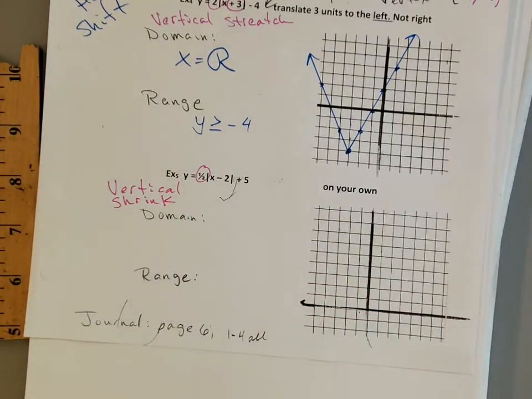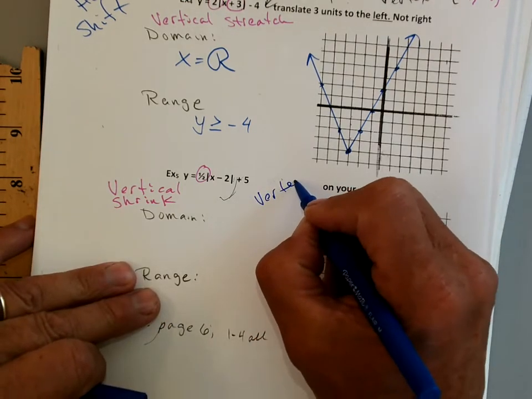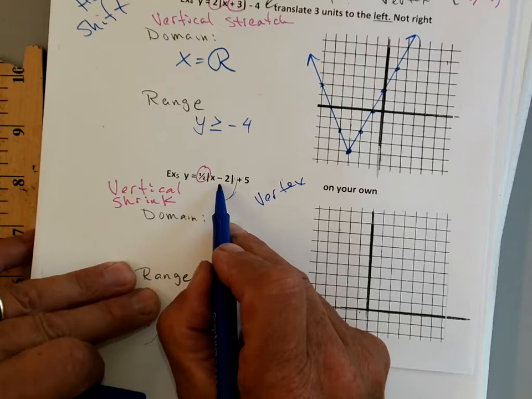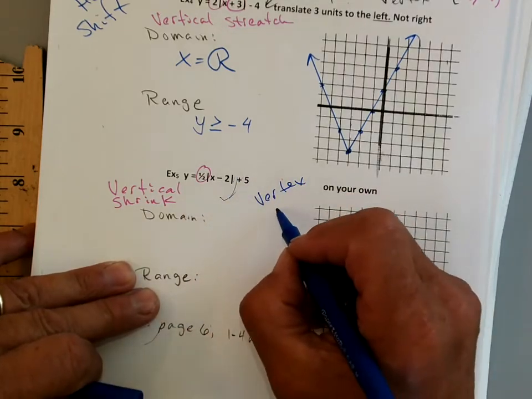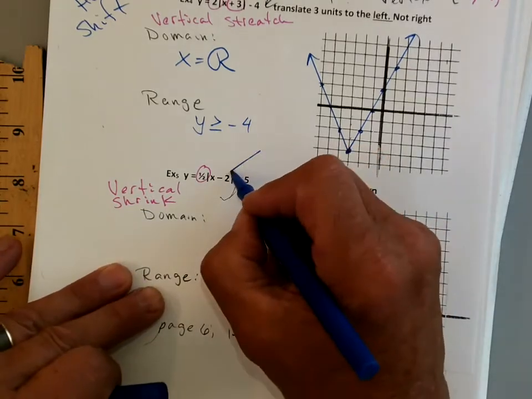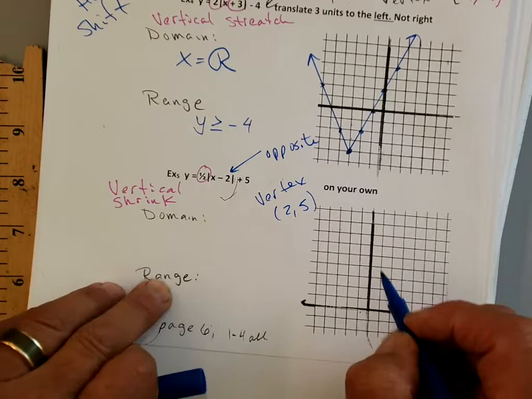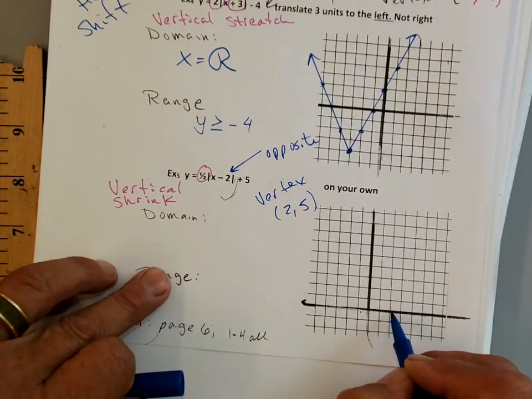It's going to have a vertex, okay, at positive 2, remember opposite, at positive 2, positive 5, okay? Opposite inside. So let's go to positive 2 and positive 5.